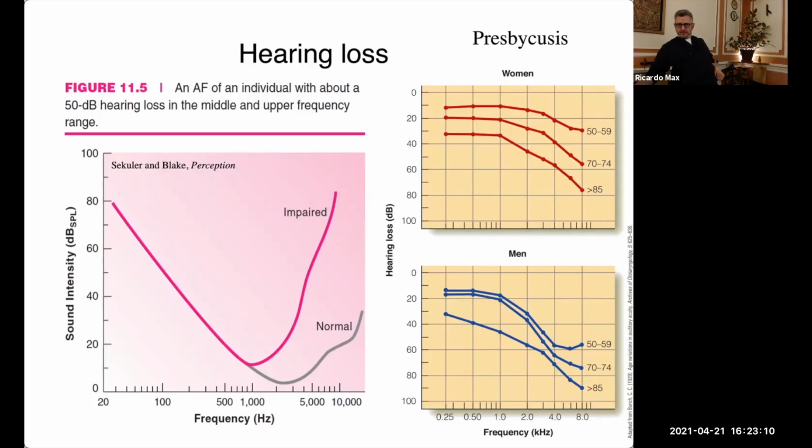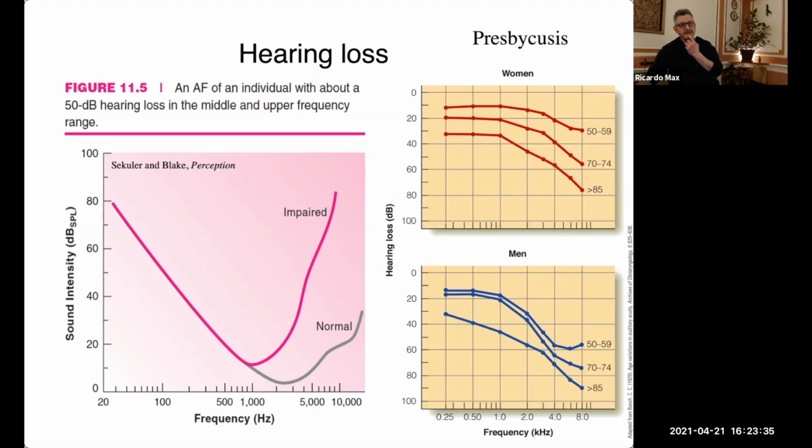Hearing loss. So presbycusis means old people's hearing in Greek, just like presbyopia is old people's vision. So what we have here, this 0 means no loss, and this is age. This is frequency.